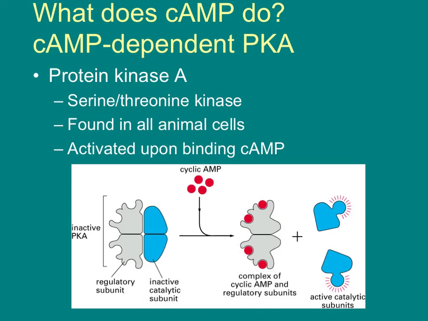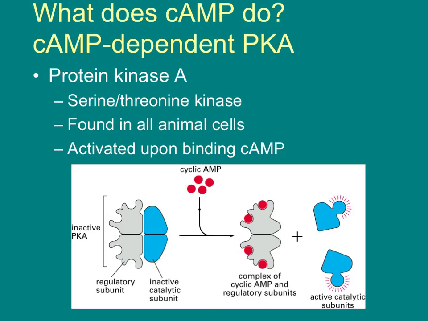Cyclic AMP does a whole bunch of things. It has multiple functions. One of the functions is to activate PKA, protein kinase A. Guess what? There's PKA, PKB, PKC. There's lots of protein kinases. This particular protein kinase sits in the cytosol.